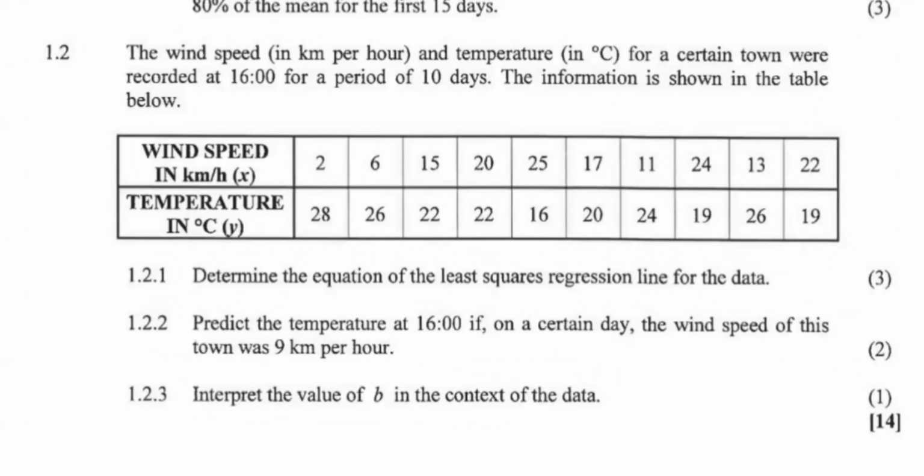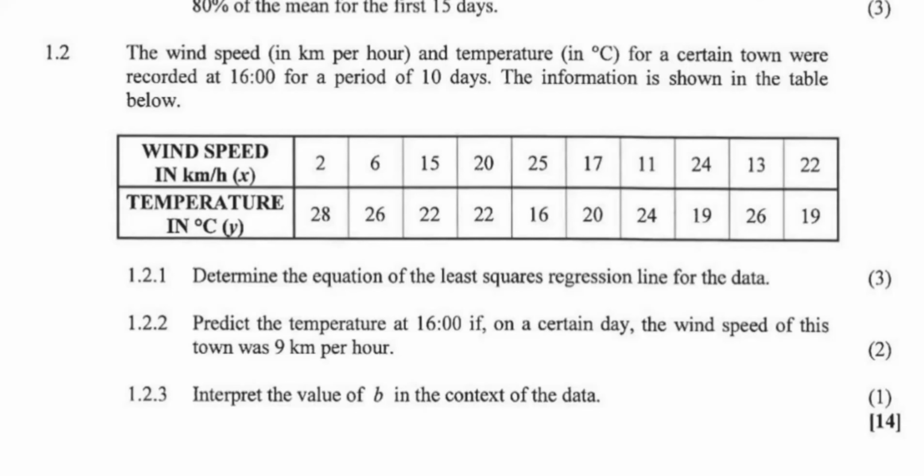Right, question 1.2. The wind speed in kilometers per hour and temperature in degrees Celsius for a certain town were recorded at 1600, so 4 p.m., for a period of 10 days. The information is shown in the table below.